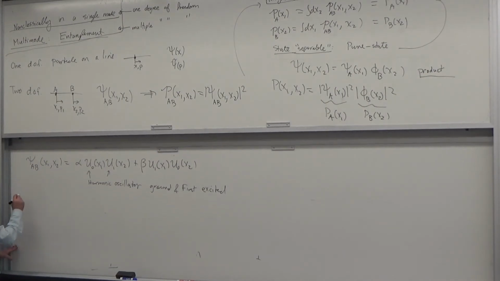What is the marginal probability of finding, say, particle A at position 1, irrespective of where particle 2, or particle B, is? How would you calculate this thing?